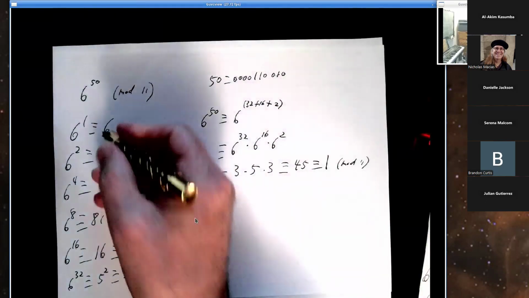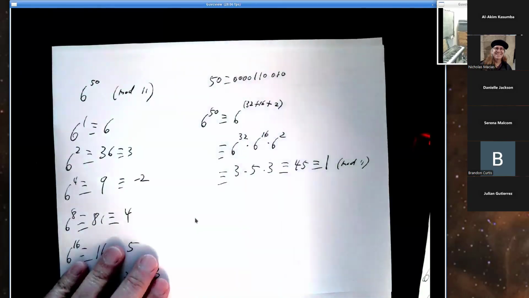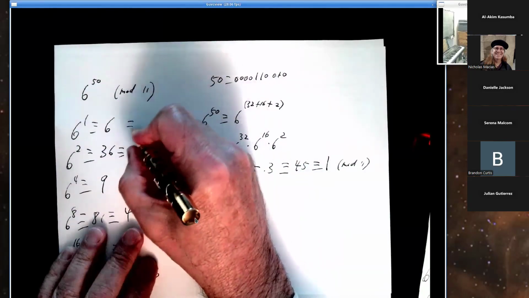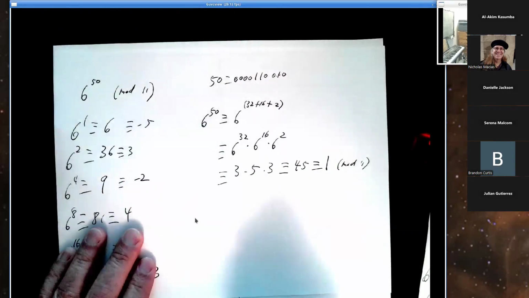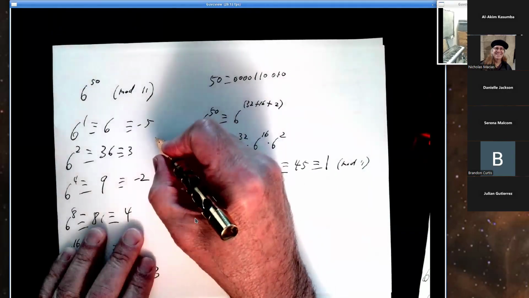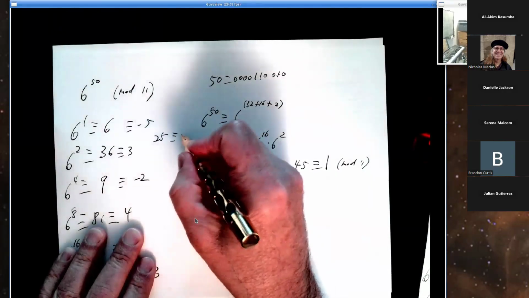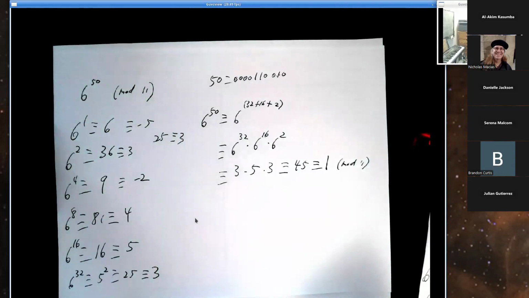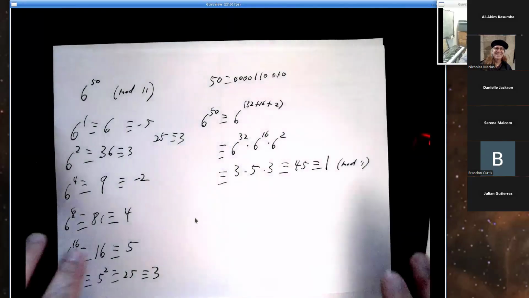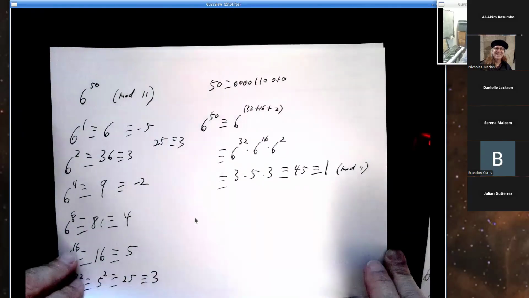I could have, instead of working with 6, if I didn't want to square 6, I could have said this was congruent to -5, and then 6 squared would be congruent to 25, which is 3 more than 22. So this really lets you work with large numbers without having to actually interact with large numbers. It lets you do calculations involving large numbers while sticking with relatively small numbers.